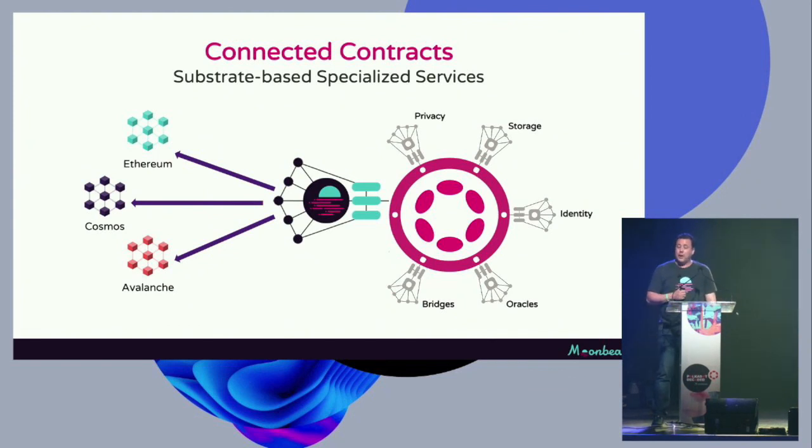And so that's also going to be a way that these experiences can not only get better, but also scale. I think the combination of Substrate and Polkadot is the perfect environment for building this vision. And the role I think Moonbeam can play in helping this is to provide this glue, right? So using these connected contracts, you can glue these pieces together to provide a whole-is-greater-than-the-sum-of-its-parts experience back to the user.